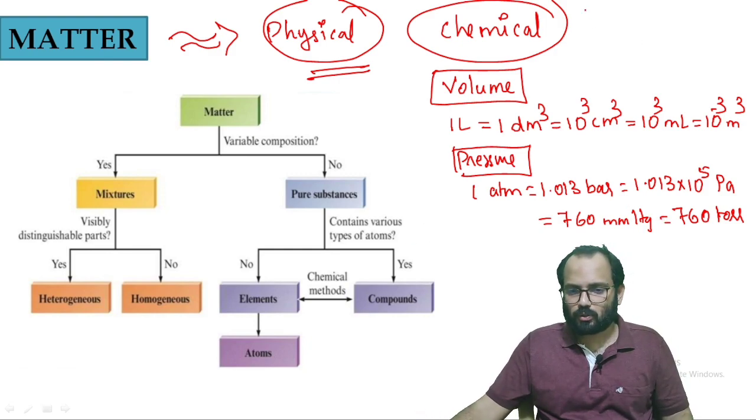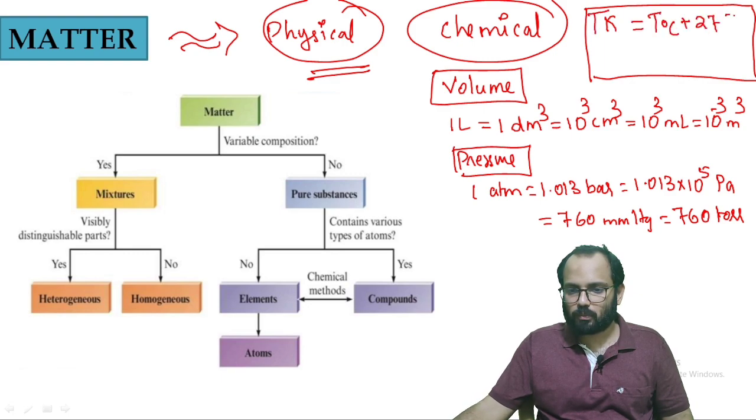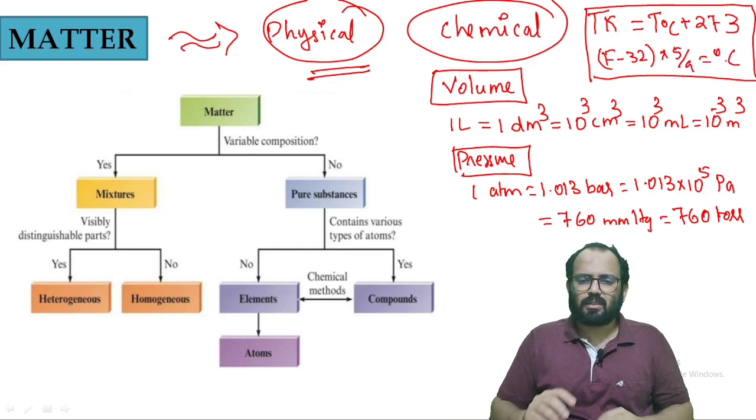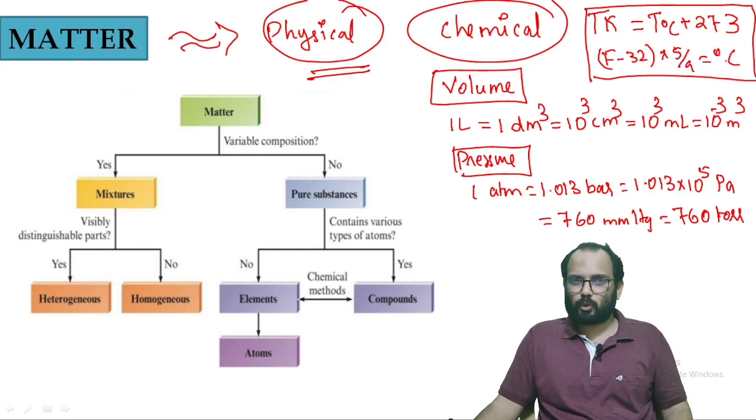And you know the temperature conversions, right? Temperature in Kelvin is equal to temperature in degrees Celsius plus 273, and Fahrenheit minus 32 into 5 by 9 is equal to degrees Celsius. I hope you know all these conversions.